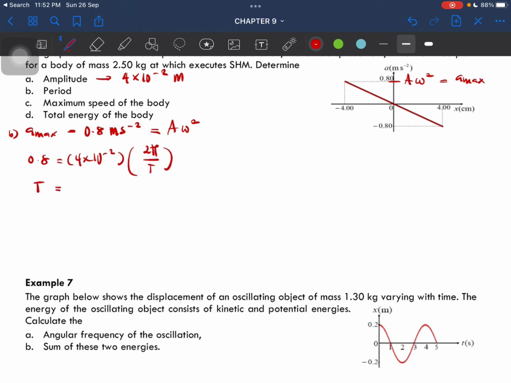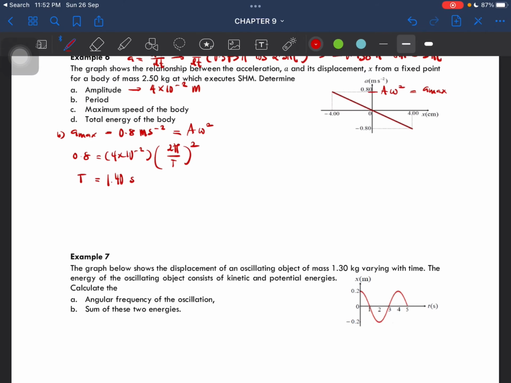So rearrange, you will then get the period to be equal to 1.4 seconds. Okay, you can also use the gradient of the graph, but I feel it's easier for you to just use the formula for maximum acceleration.